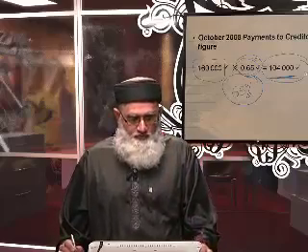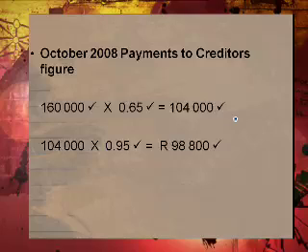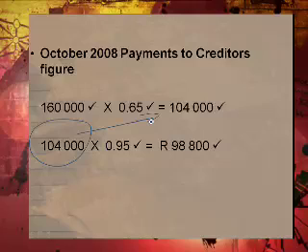What do I now do? Now I say, fine. Take the 104,000, which I calculated, which was my credit purchase. Now, be careful when you're doing this calculation. When you are paying your creditor, you are entitled to a 5% discount. In other words, what amount are you going to be paying your creditor? Listen carefully to what I'm doing now.